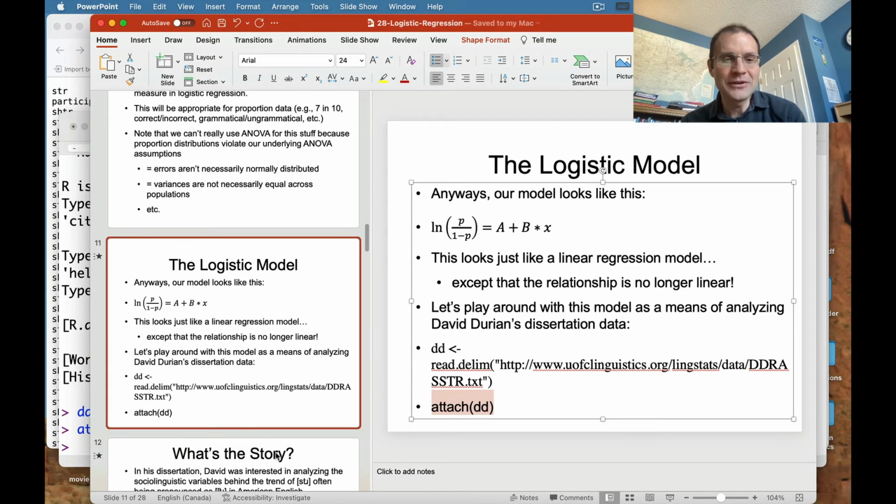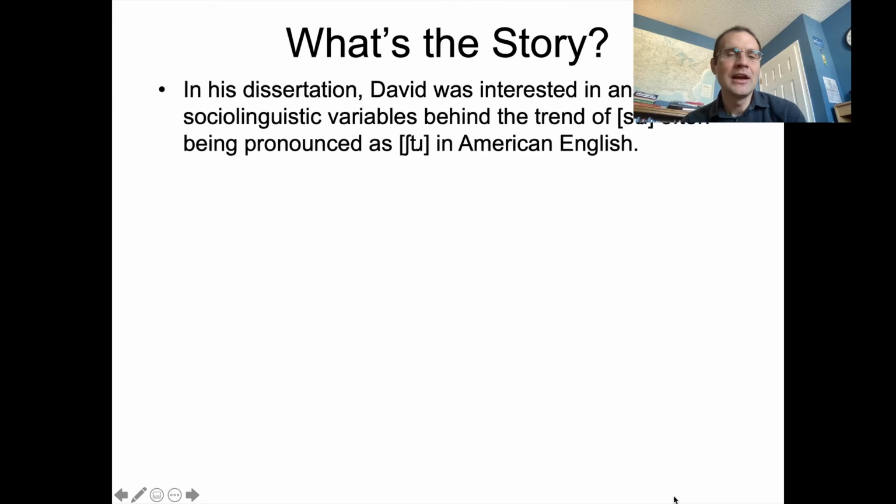So what he was doing was analyzing what sociolinguistic variables might be behind the trend of "str" often being pronounced as "shtr" in American English. I think he was doing this maybe about 15 years ago or so. I don't know the exact date.